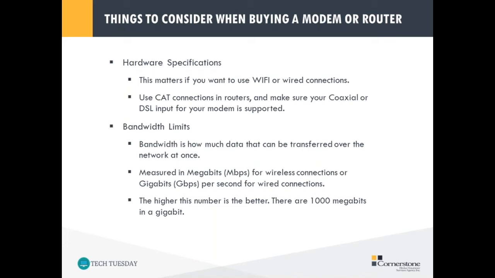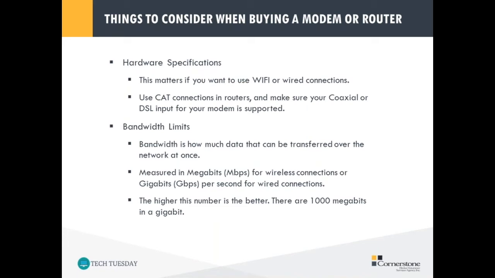But you do have to consider some things if you're thinking of going this route and setting up all of your own networking. It is very easy. Just make sure you have the correct cable. Make sure you have the correct hardware, which would be a modem-router, or just a modem and a router. So as long as you have those two pieces of equipment or a two-in-one, you're going to be fine.